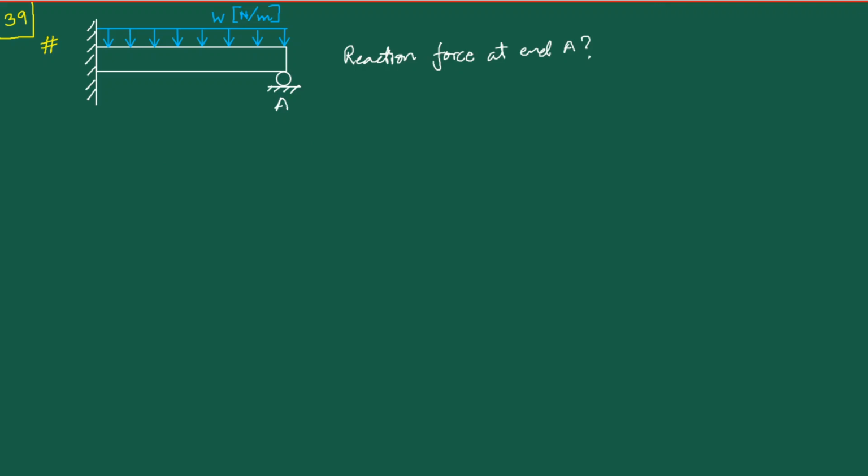We take a cut section maybe somewhere here, and we consider the part of the beam which is to the right of this cut section. Maybe consider it a little bit below. Okay, and let me complete the free body diagram for this.